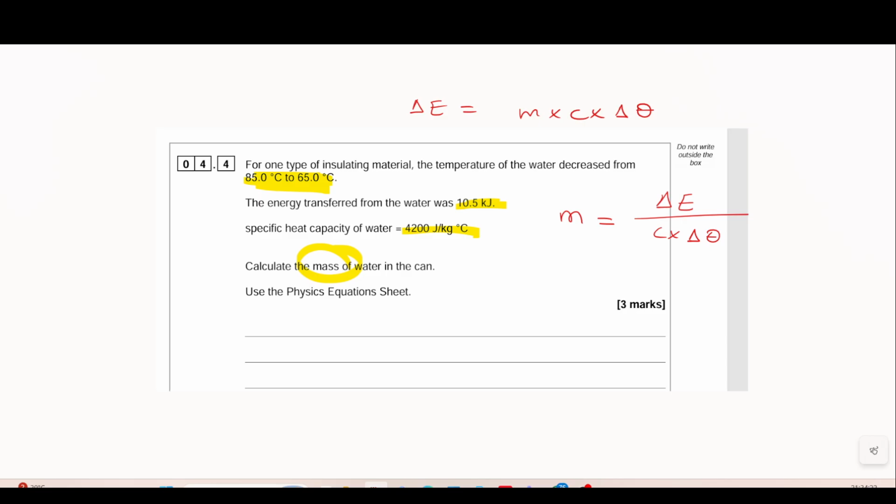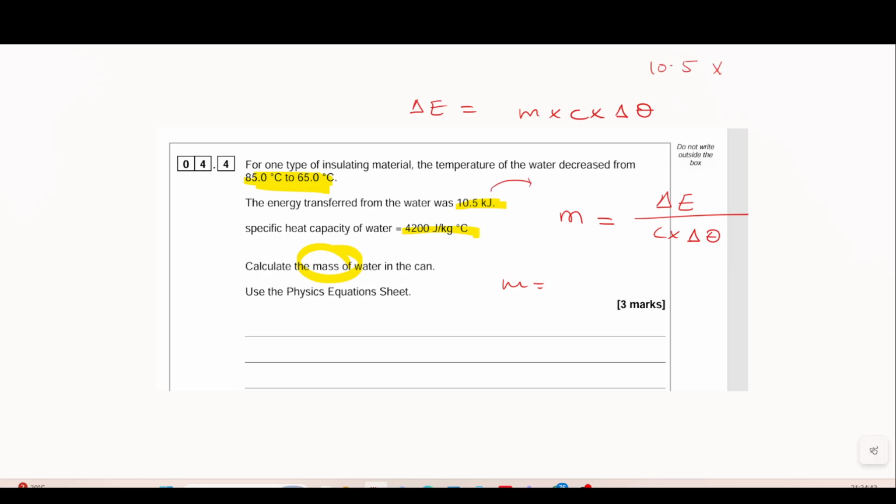Exactly. Good. Check the units: the 10.5 kilojoules has to be turned into joules. Convert it into joules.